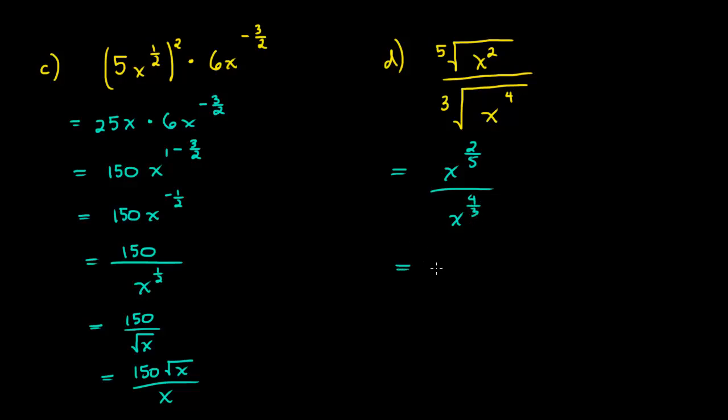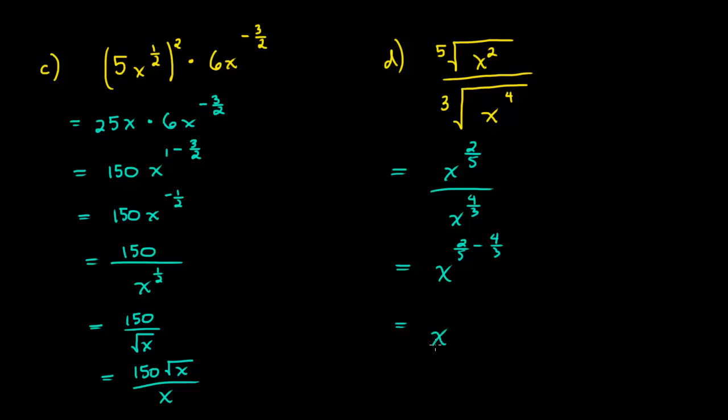So this is equivalent to x to the power of 2/5 minus 4/3. When I'm dividing powers of the same base, I subtract their exponents. Now I need to find a common denominator here.